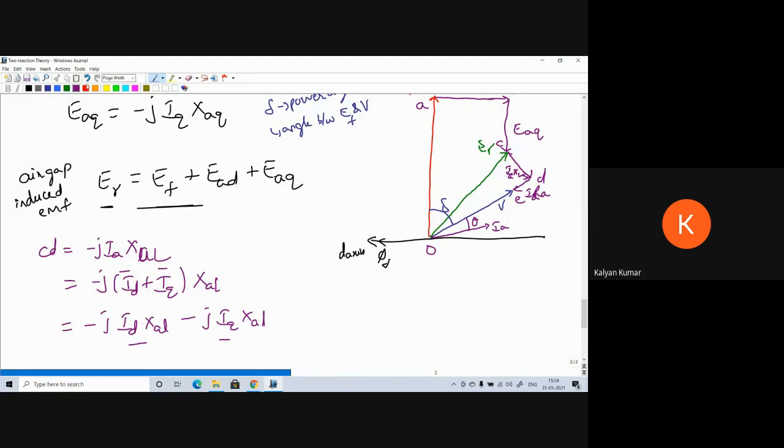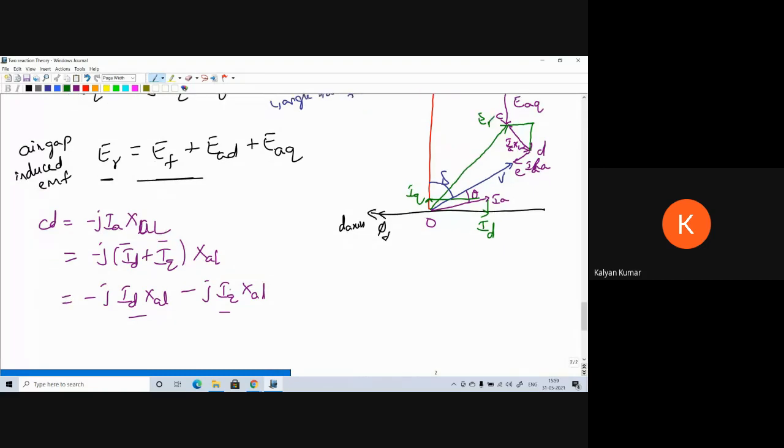So, if you resolve this IA into two components, this one is ID along the direct axis. This one is IQ. So, ID XAL will be perpendicular to ID, and IQ XAL will be perpendicular to IQ.